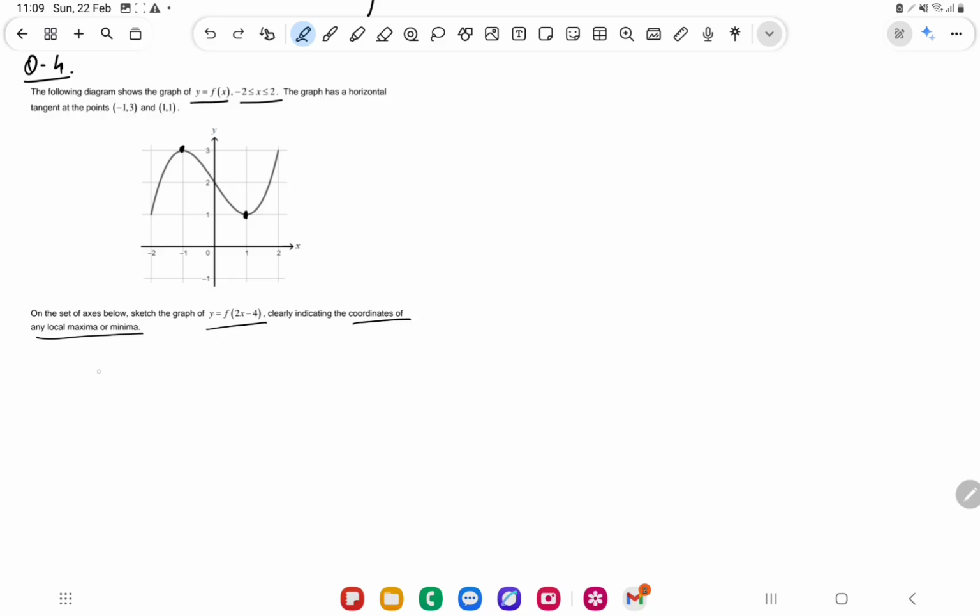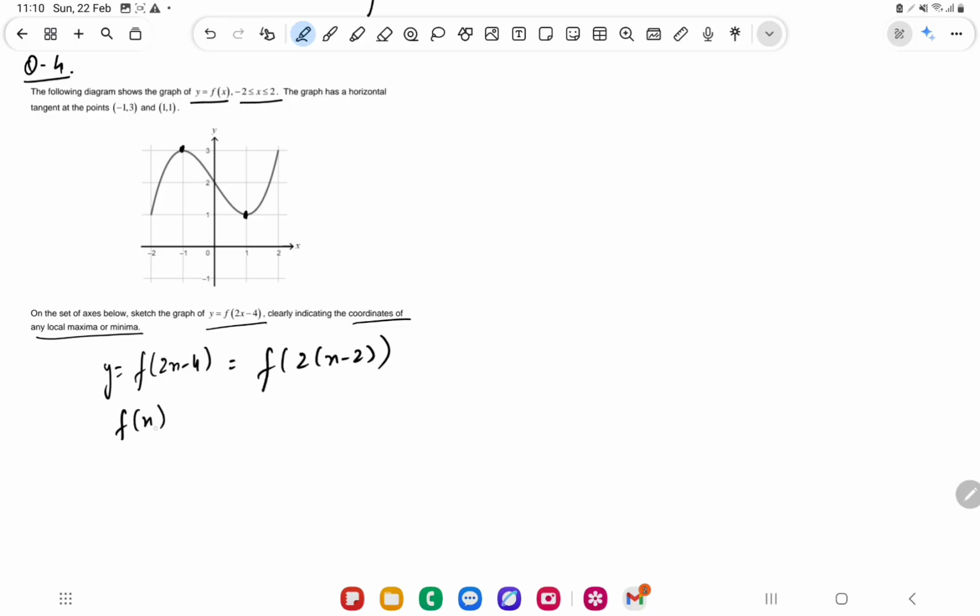So before drawing the graph, let me first write my y, which is given to me as f(2x minus 4). I can take 2 common and write it like this. It means this is formed by a sequence of 2 transformations on f(x).